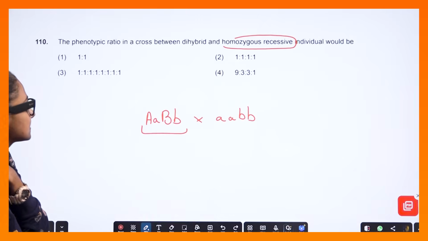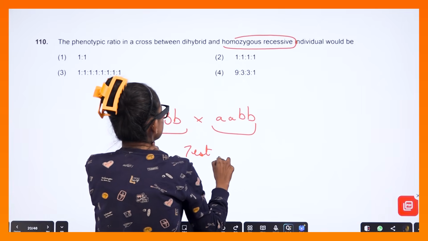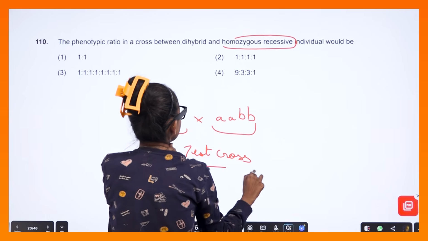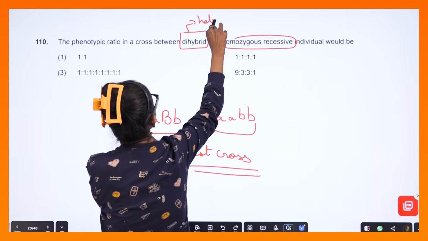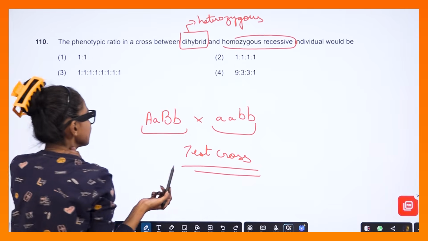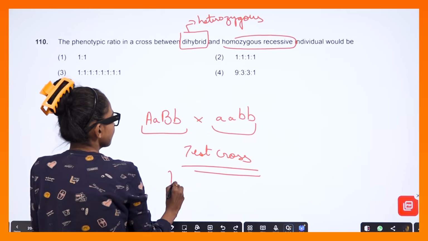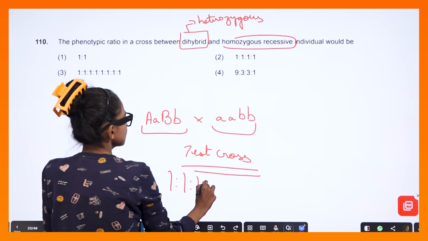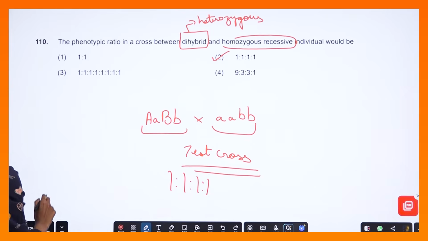So that means this is a test cross. This dihybrid means heterozygous. So this should be 1:1:1:1. Let's move on.